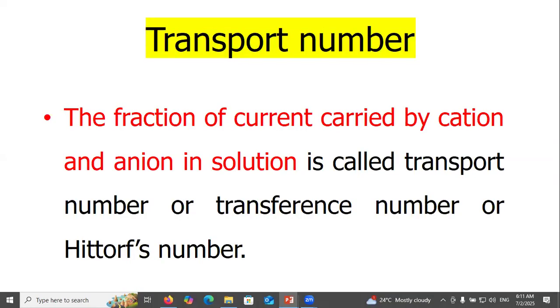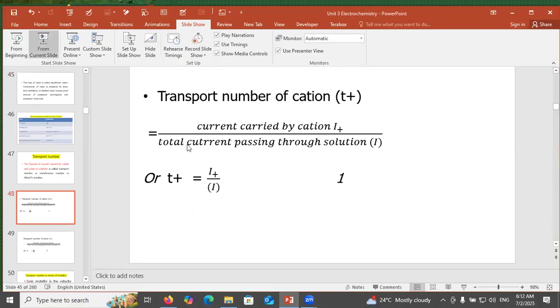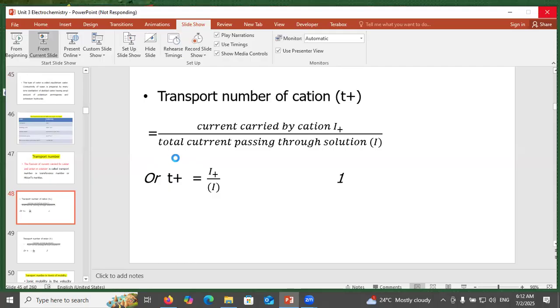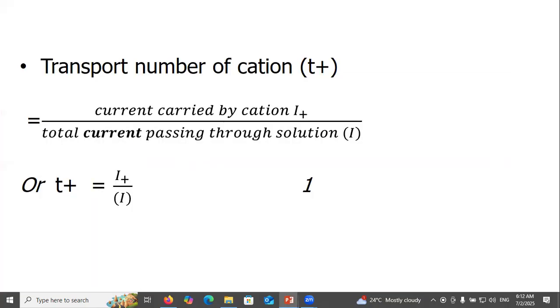Transport number. The fraction of current carried by a cation or an anion in solution is called transport number, transference number or Hittorf number. Transport number of cation, T plus, equals current carried by the cation over total current passing through the solution.